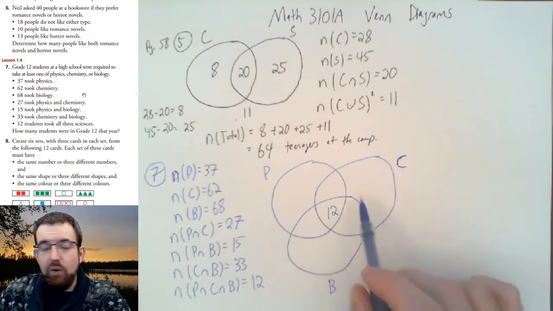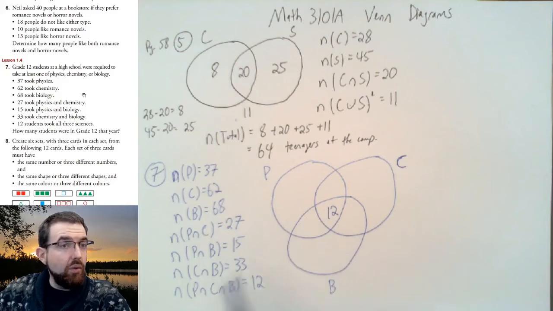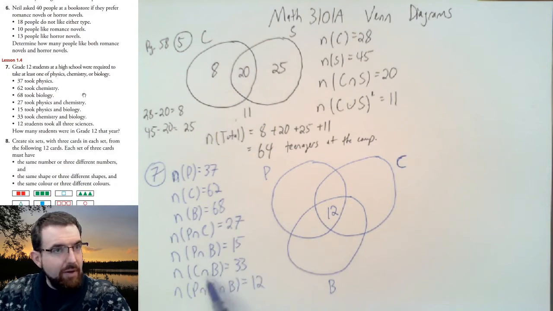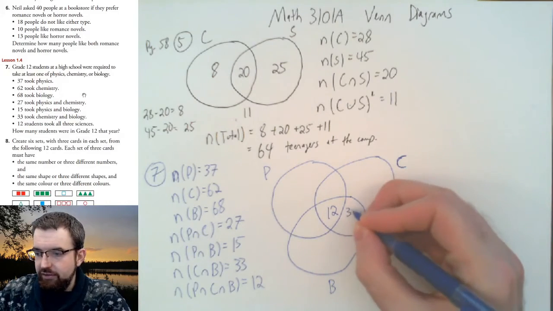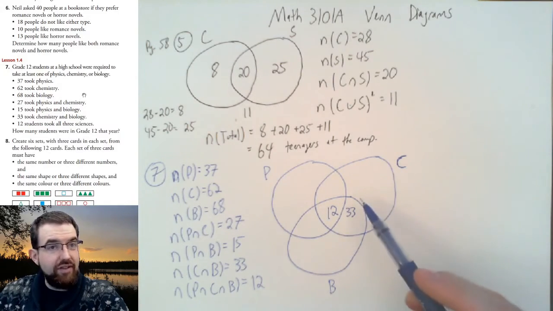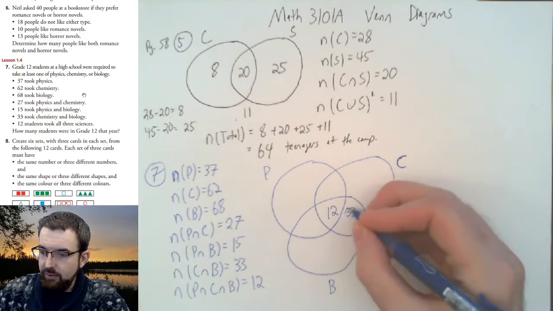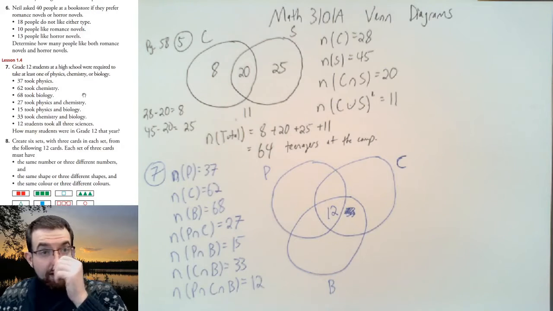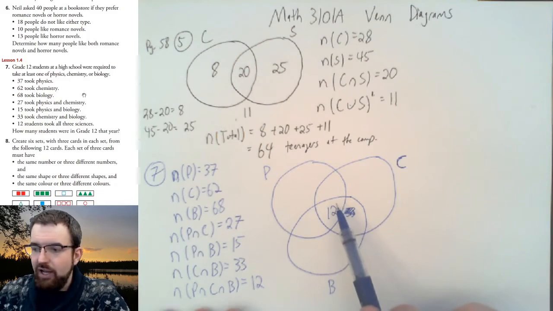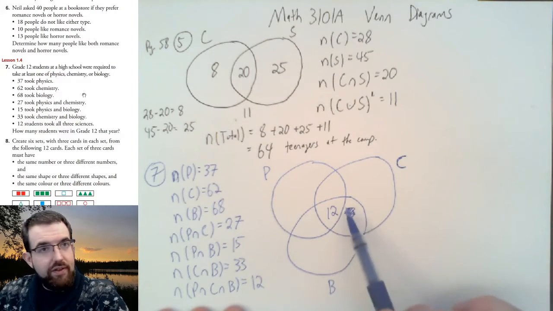So now how are we going to figure out the rest of these? Well, I'm going to go from the bottom up here. We know that the number of chemistry and biology is 33. So does that mean I just take 33 and put it in here because this is chemistry and biology? No, I can't just put 33 there. Because the chemistry and biology section is not just this area.